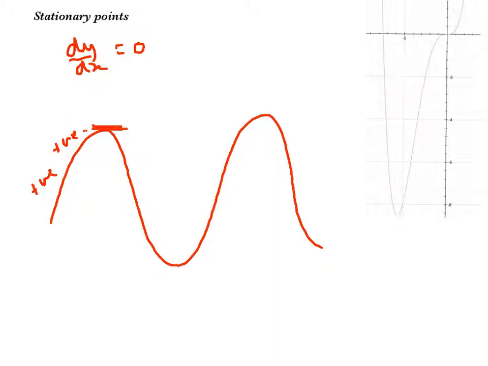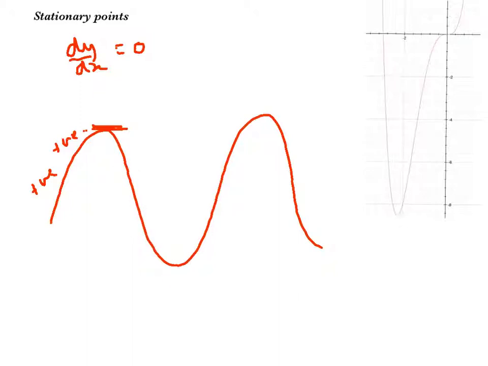Imagine this is a ball being thrown up in the air: it's travelling up and up, and then just before it's about to fall back down, we have this stationary point where it's held in stasis, and then it would start coming down.